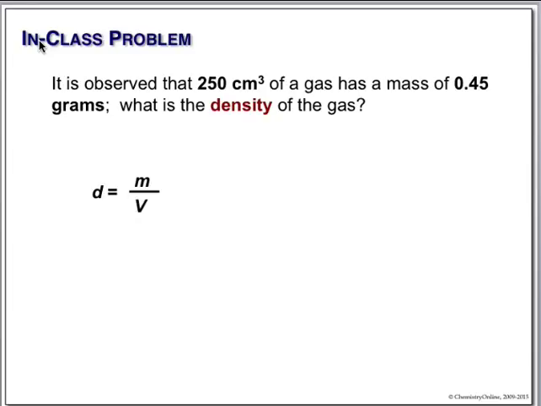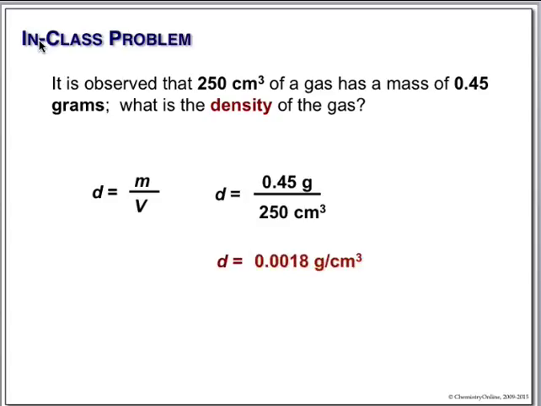Here's our equation. Going to substitute in for mass, and we're going to substitute in for volume. We have 0.45 grams, 250 cubic centimeters. Simply do our division.